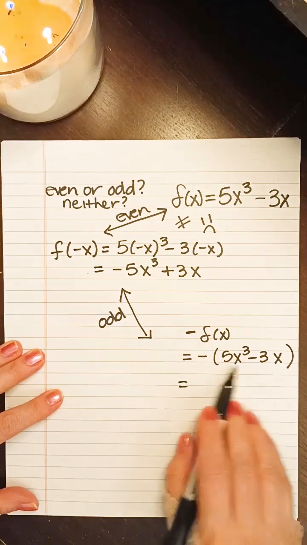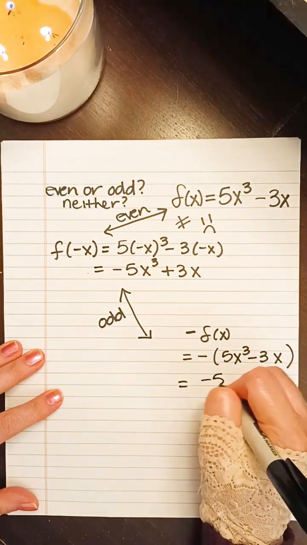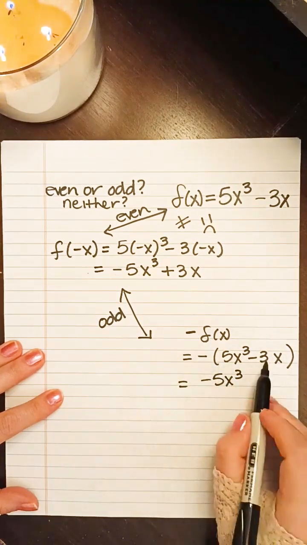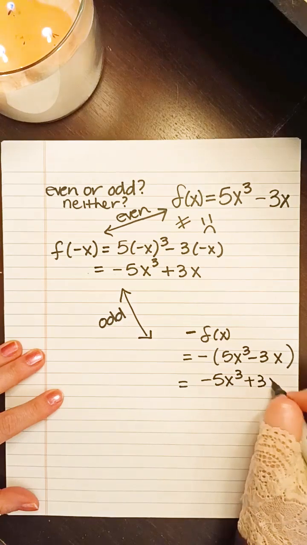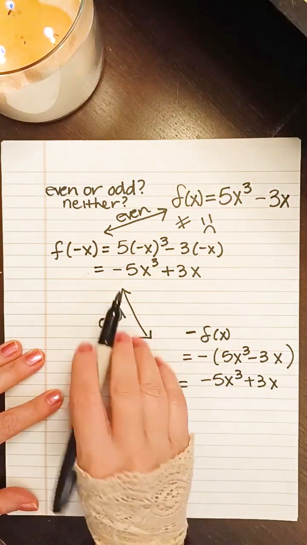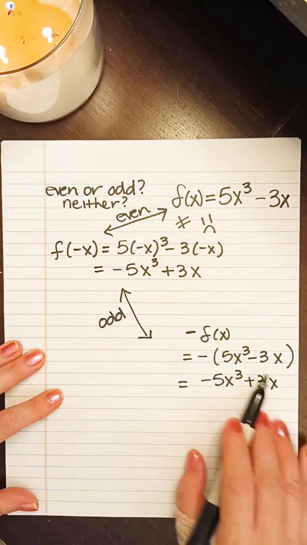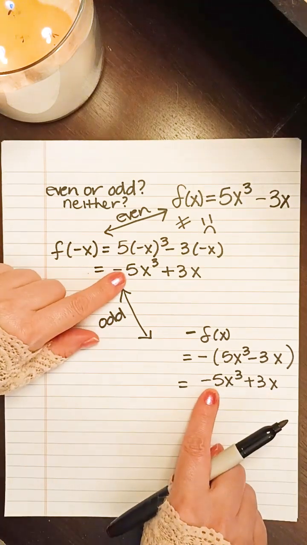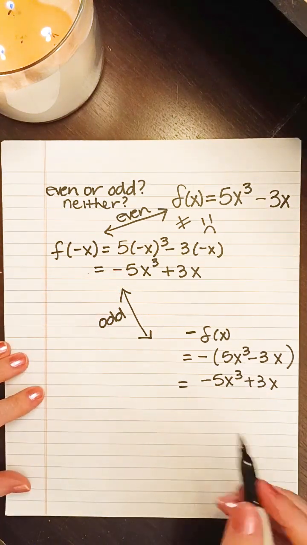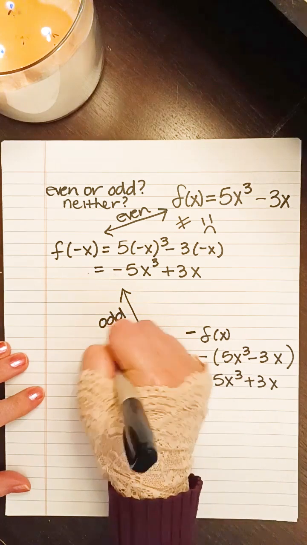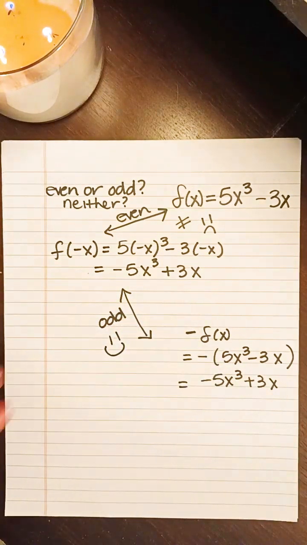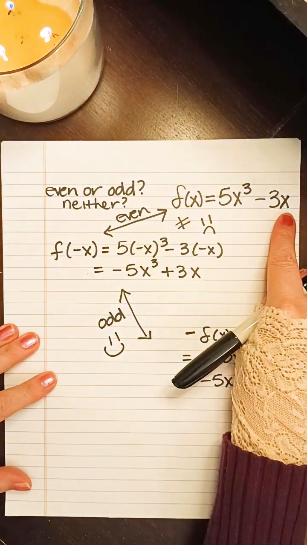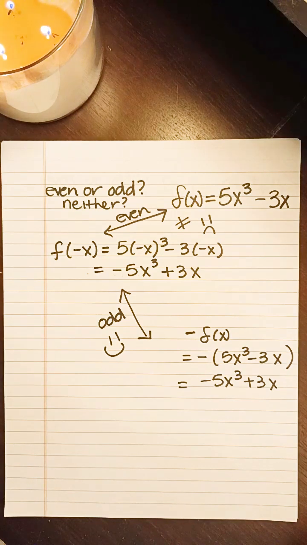We get a -1 times positive 5x cubed is negative 5x cubed, and a -1 times negative 3x is plus 3x. And if f of negative x is equal to negative f of x, if those two results are the same, then the function is odd, and they are the same. So f of x equals 5x cubed minus 3x is odd.